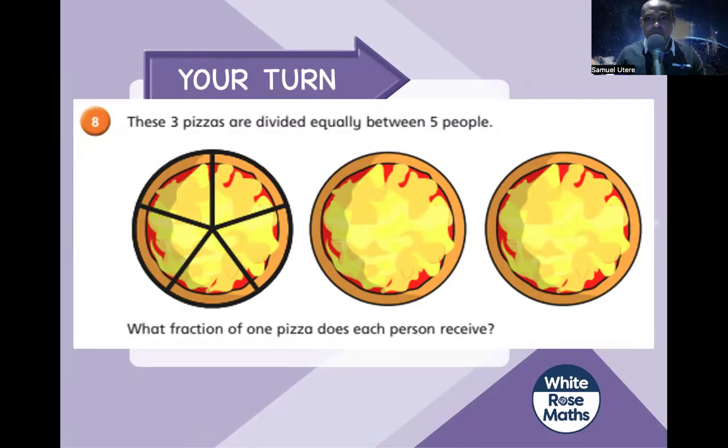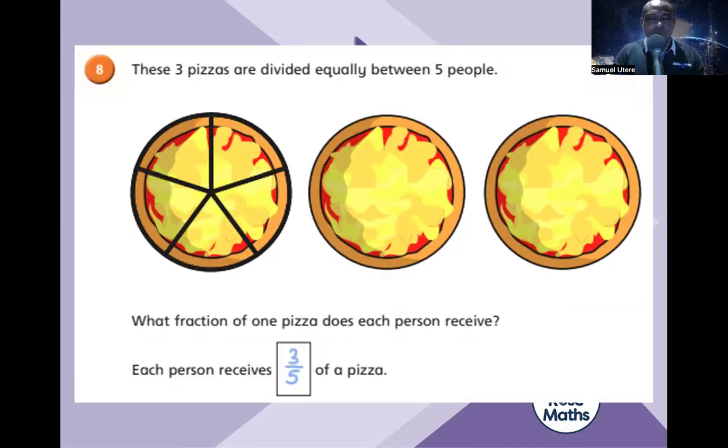All right, so these 3 pizzas are divided equally between 5 people. So here is the first one showing you an example. Let's look at the answer, assuming you've paused the video. So here, the first one is showing you that if it's split among 5 people, they're asking us what fraction of 1 pizza does each person receive?